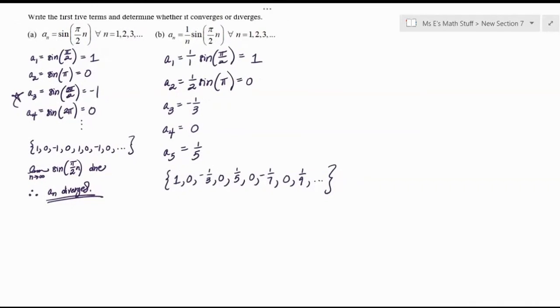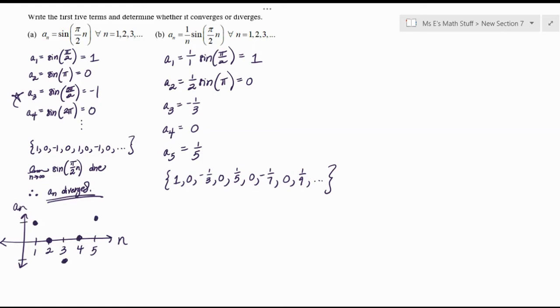So for part A, what's the visual here? If you have an n-axis and a value of the term axis, so you got 1, 2, 3, 4, 5, etc. Then what did the terms look like, right? So they looked like this. And they would just kind of continue that way.